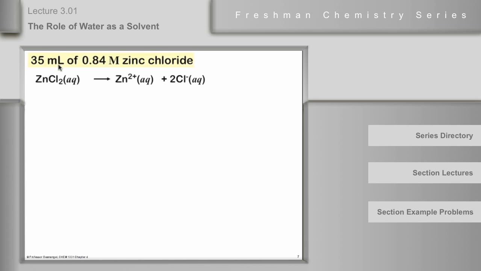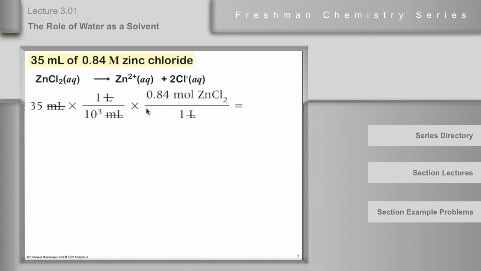But we're given the volume in milliliters, and we're given the molarity. So in order to get the number of moles of zinc chloride, we'll take 35 milliliters, convert it to liters, 1 liter over 1,000 milliliters, times 0.84 moles of zinc chloride per 1 liter, and that gives us 2.9 times 10 to the negative 2 moles of zinc chloride.